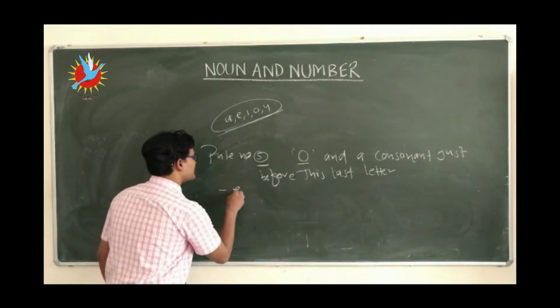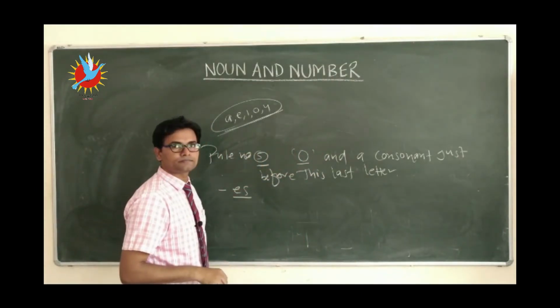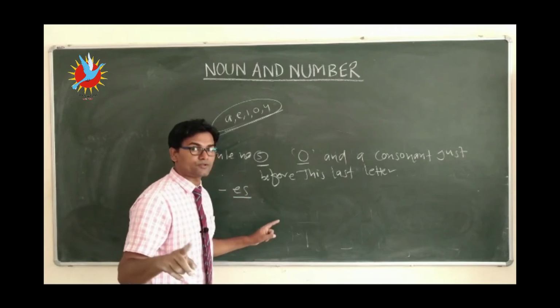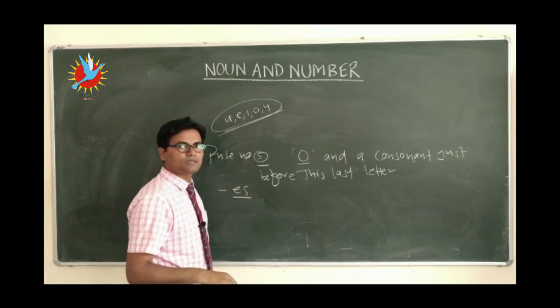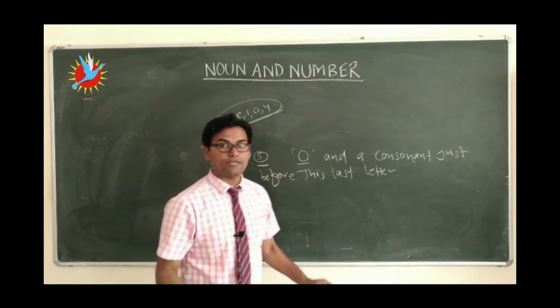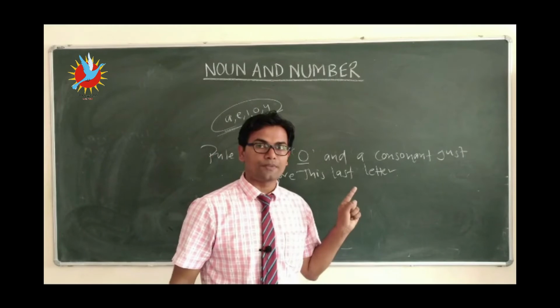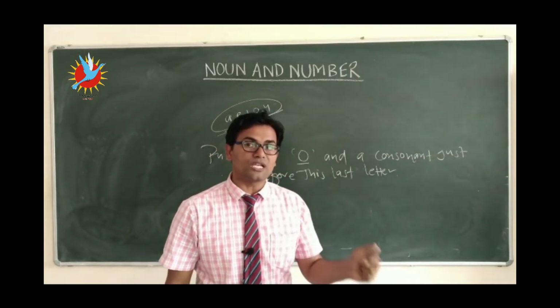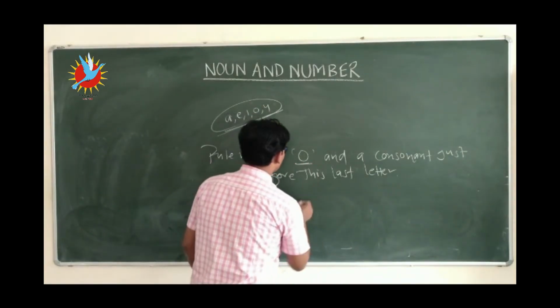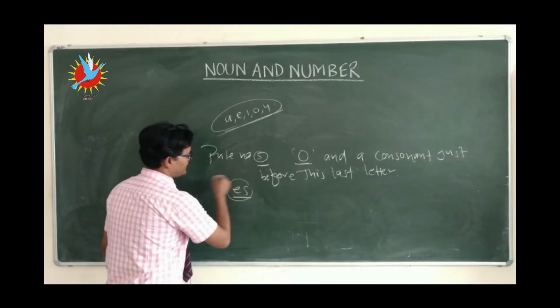We just add ES. No need to remove any letter. Just add ES. Again, I'm telling you, if we have a singular common noun ending with the letter O and a consonant letter just before this last letter O, you need to add ES.